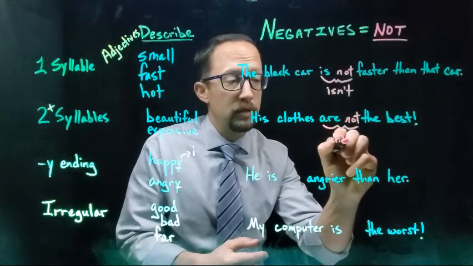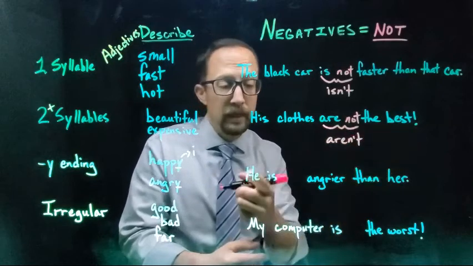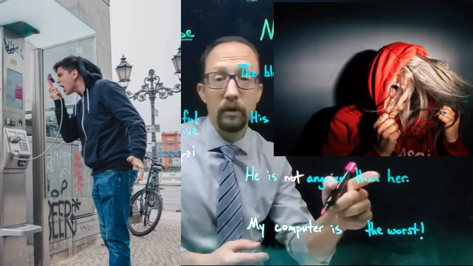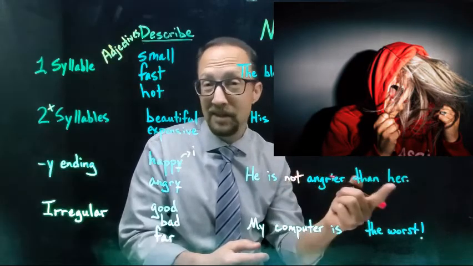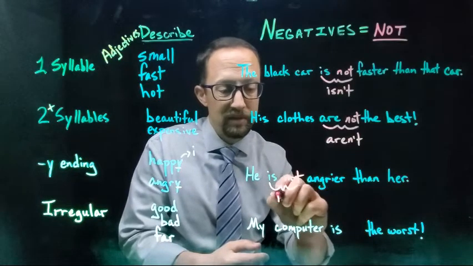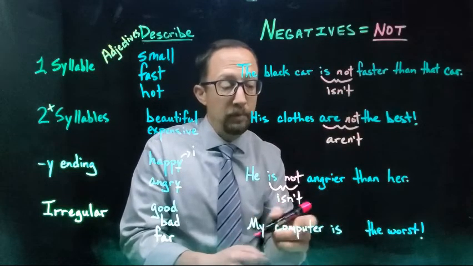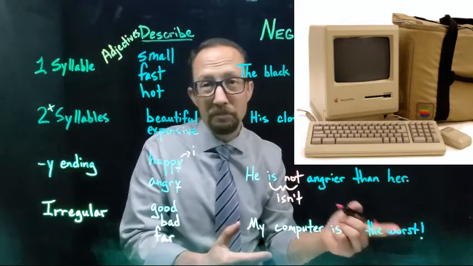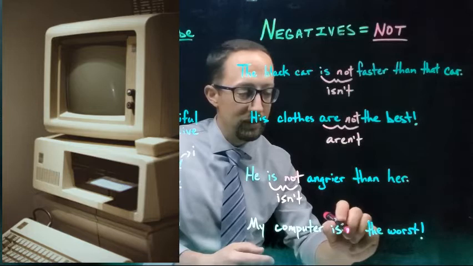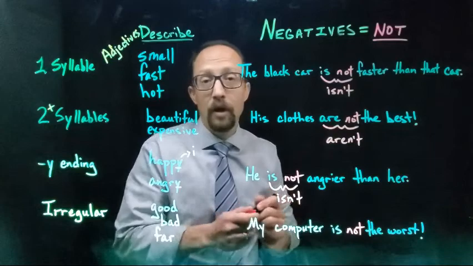Again, that's the contraction with are, aren't the best. He is not angrier than her. Or he isn't. Just like these. My computer is the worst. No, it's not. My computer is not the worst.